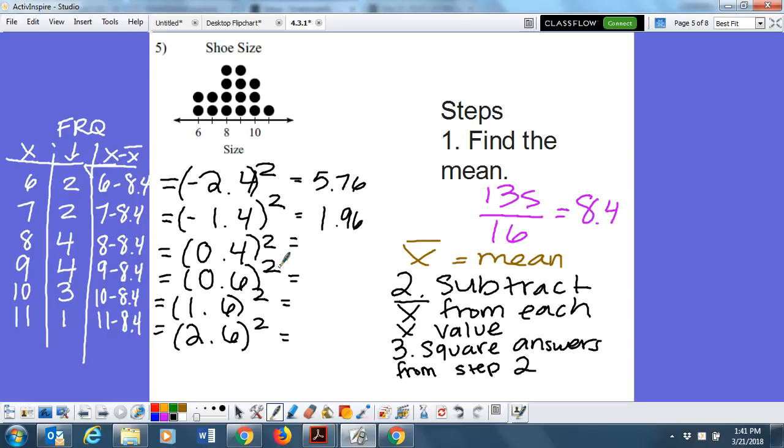And then 0.4 squared should be 0.16, and the next one's going to be 0.36, right? What's 1.6 squared? 2.56. And then the last one, 2.6 times 2.6 is what? 6.76.